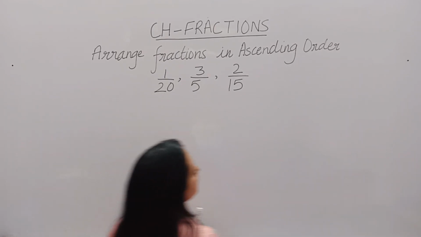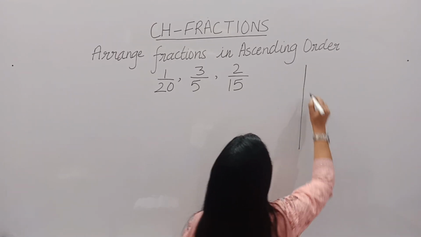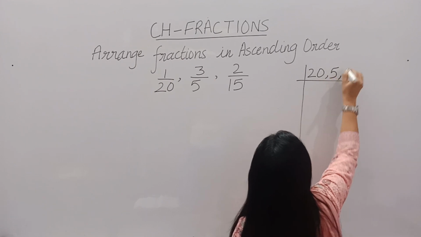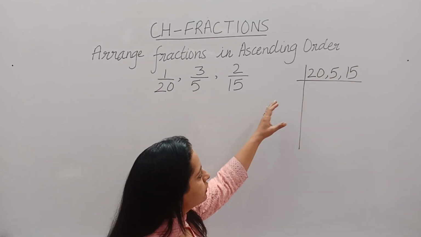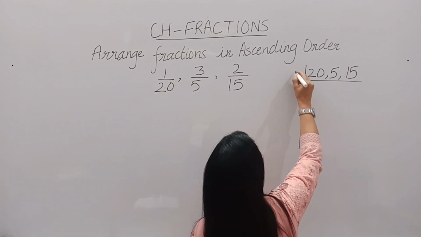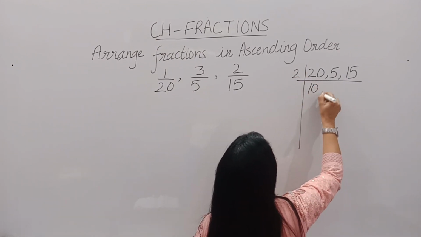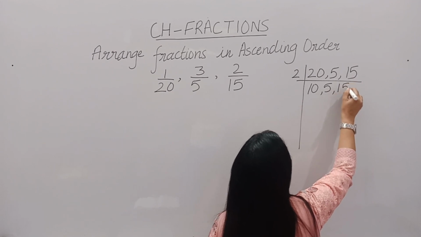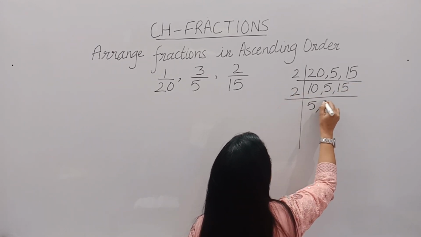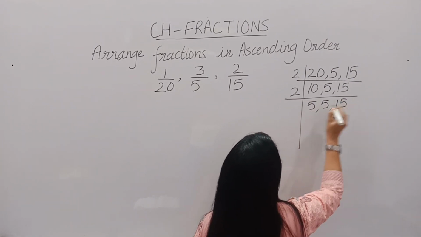So, we have here three denominators. We have 20, we have got 5 and we have got 15. For this, we will find the LCM of all these three numbers, starting with 2. 2 10s are 20, the 5 we copy as it is, and then 15. Then again 2, 2 5s are 10, 5 and then 15.